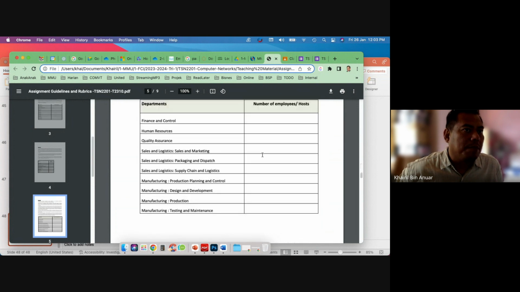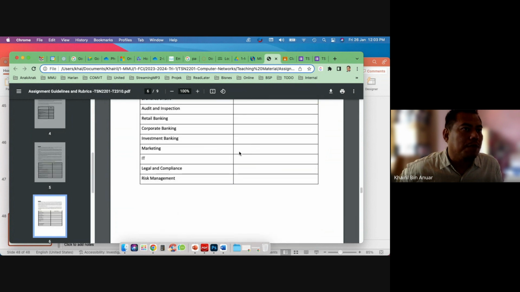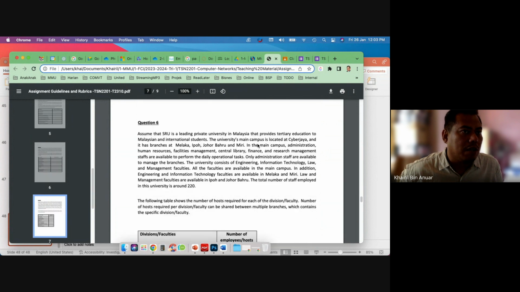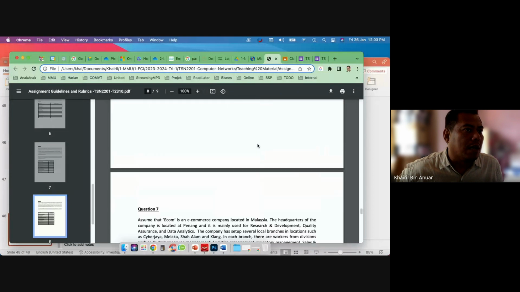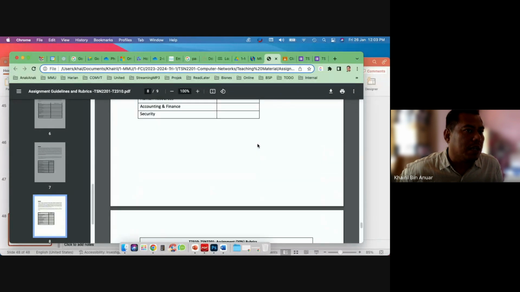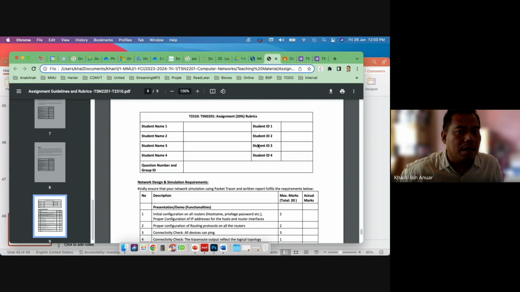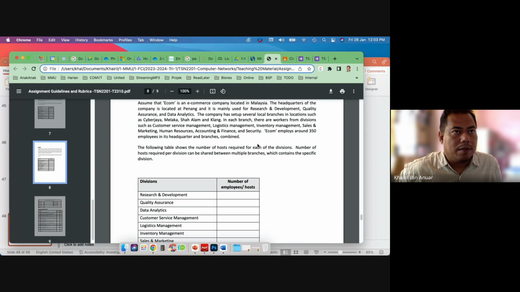The one that I've already emailed you has those details, which are not similar to each other, and every group will have its own setup. So that is when you need to email me. The rest will be communicated later on.